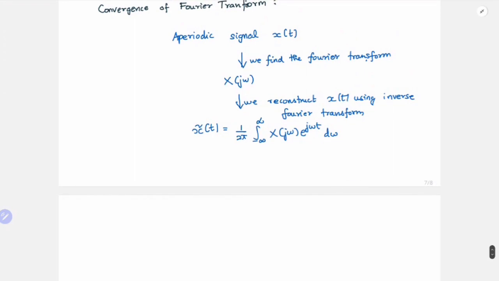So for convergence, what do we need? We want x̃(t) to represent x(t).